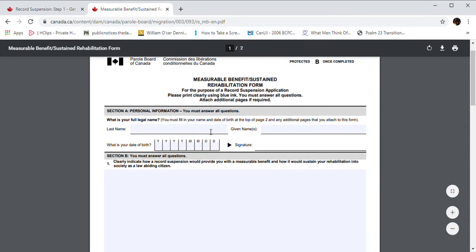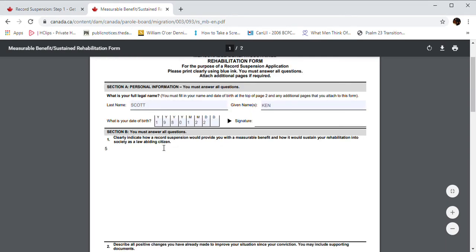Okay, here we go. Scott, Ken, 1980. Signature.